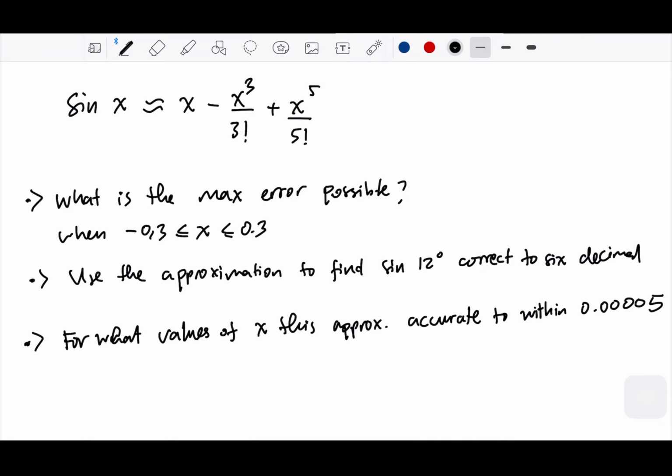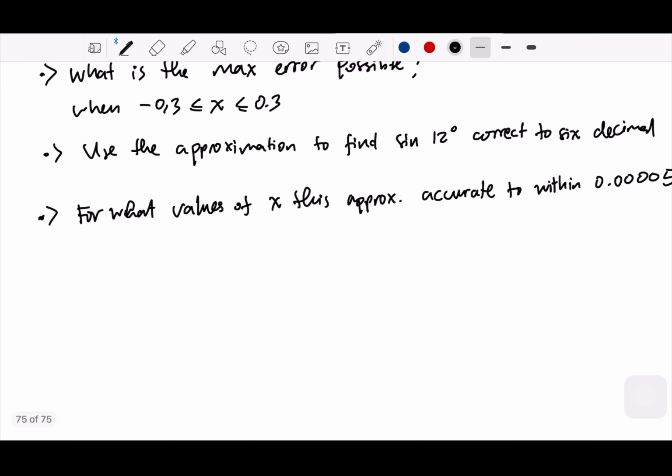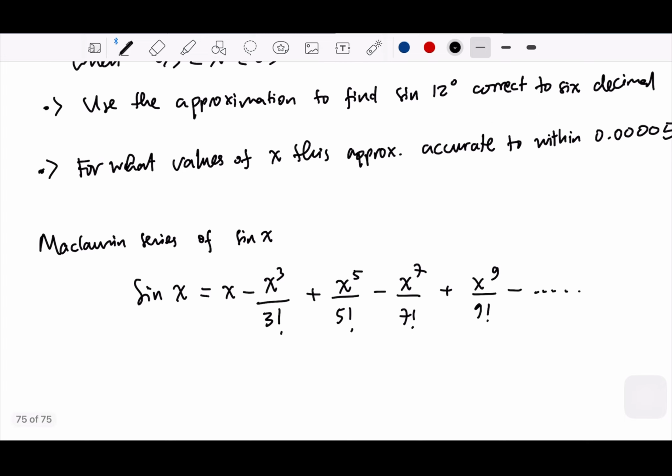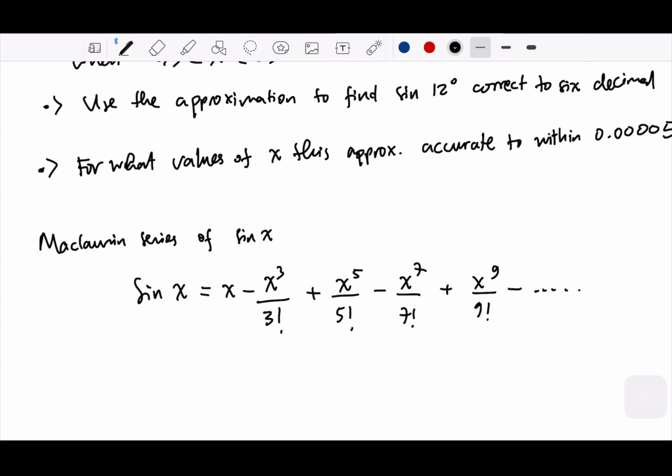So the Maclaurin series itself for sine, what we have is actually T5.